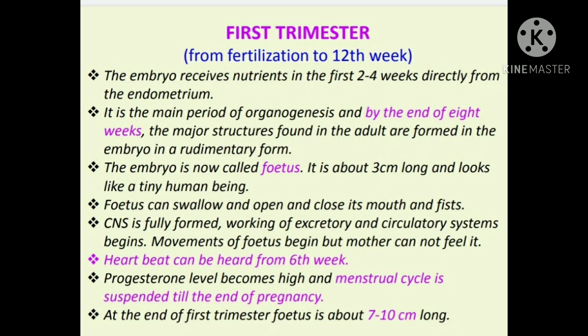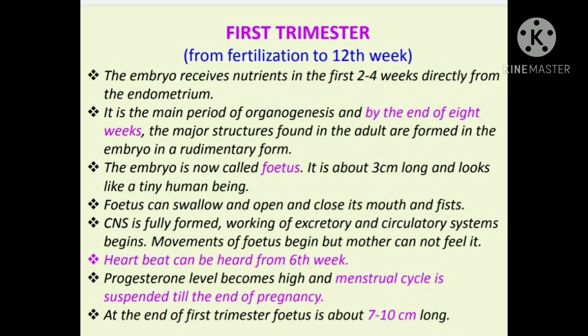High levels of progesterone initiate changes in her reproductive system. As you all know, the progesterone level is high at this period, so because of the increase in the progesterone level, changes take place in the mother's reproductive system. The maternal part of the placenta grows. The uterus becomes larger.